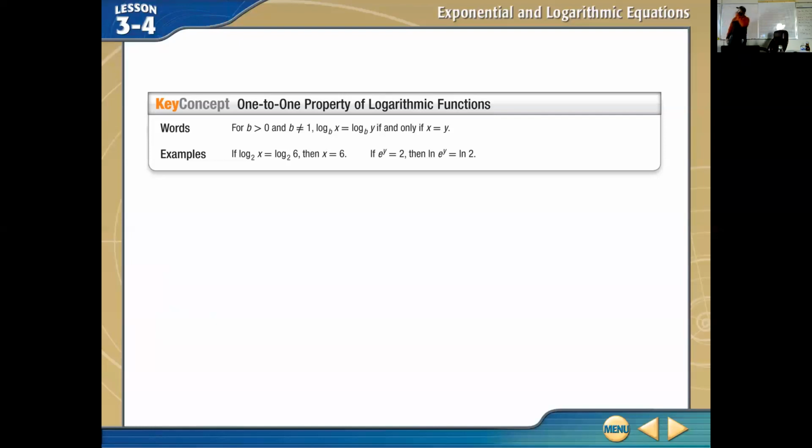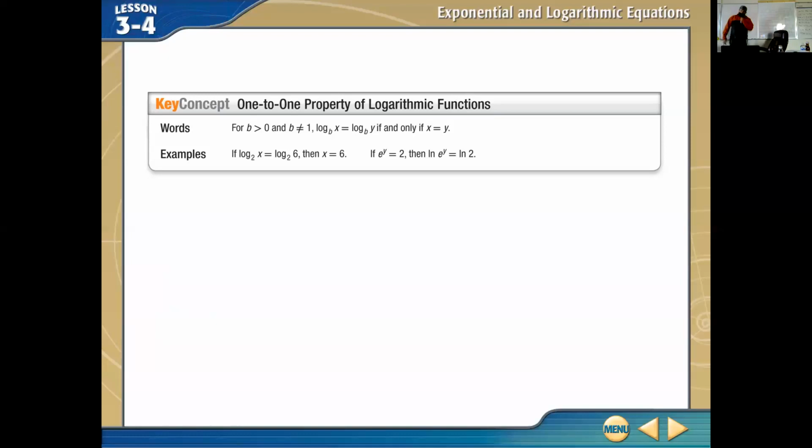So, one-to-one property of logarithmic functions. It's very similar to the one-to-one property of exponential functions. For any b that's greater than 0 and b cannot equal 1, log base b of x is equal to log base b of y if and only if x equals y.